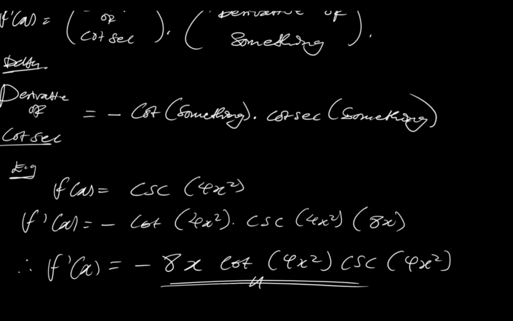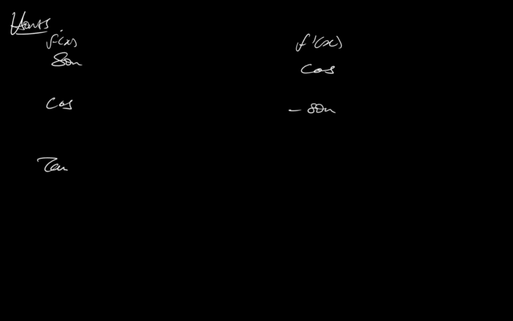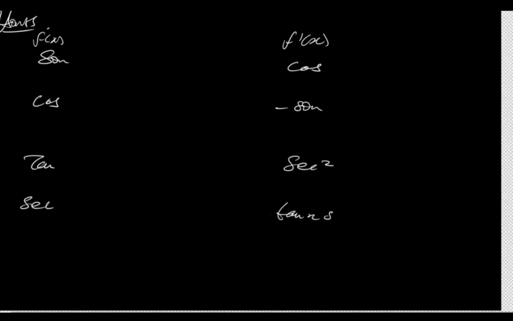Now, one thing you should know is this, just some hints. Be mindful that sine goes with cos, then cos goes with a negative sine. So every time you see a c in the original function, just know the derivative will be negative. Then be mindful that tan goes with sec squared, and sec goes with tan sec.